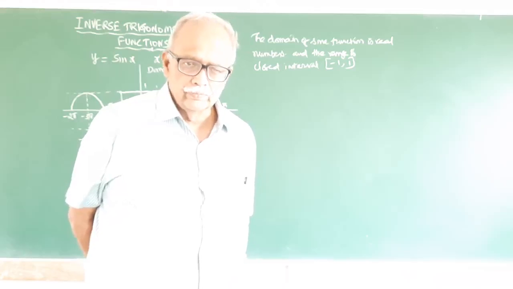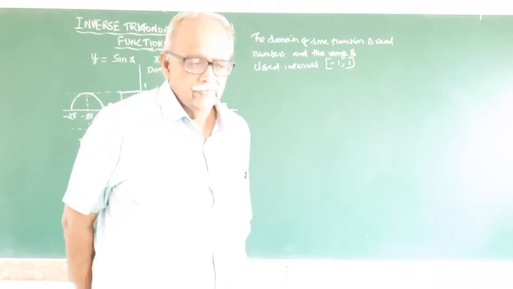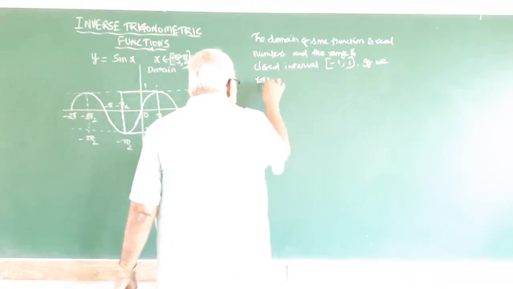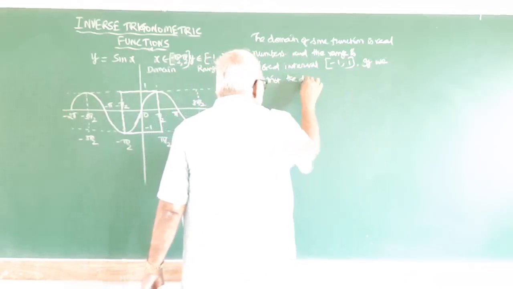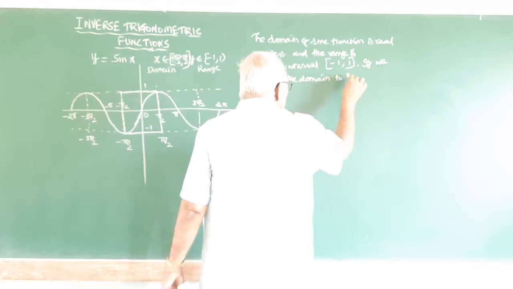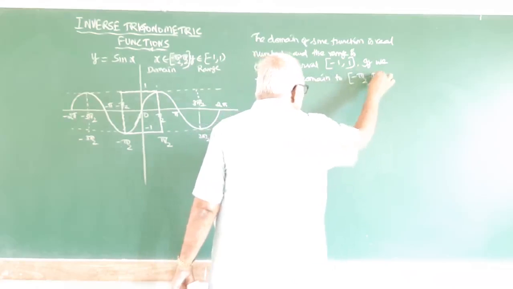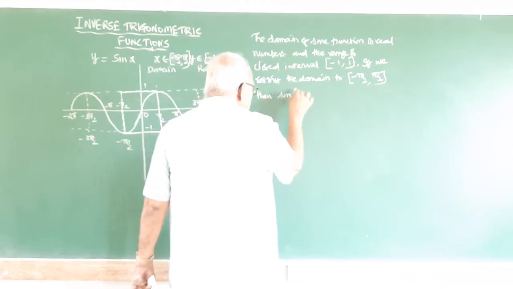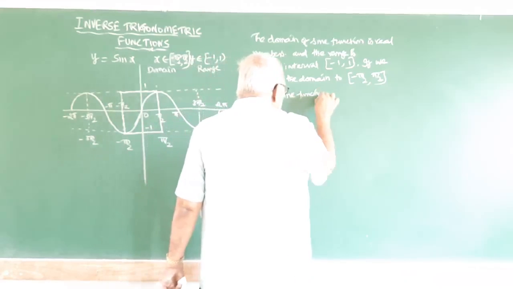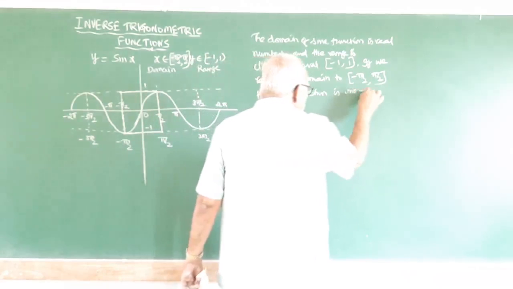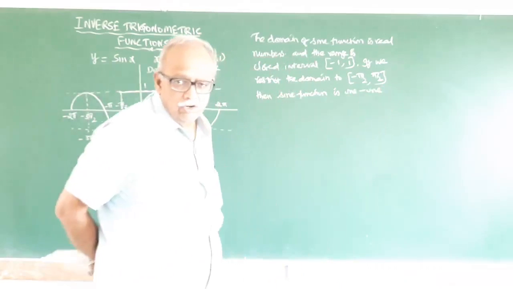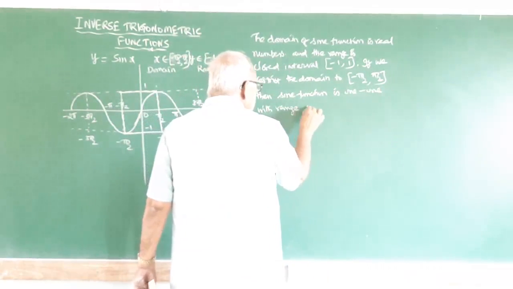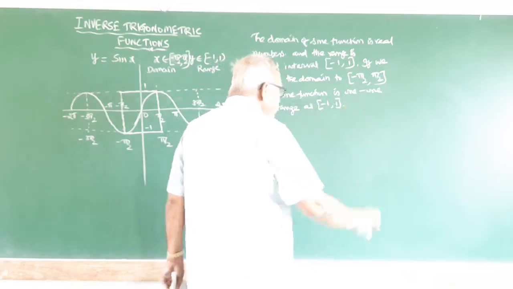If we restrict the domain to [-π/2, π/2], then the sine function is 1 to 1 with the range [-1, 1].